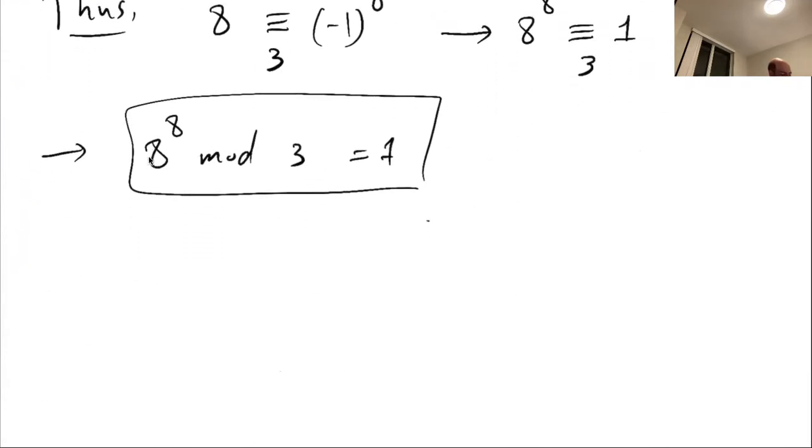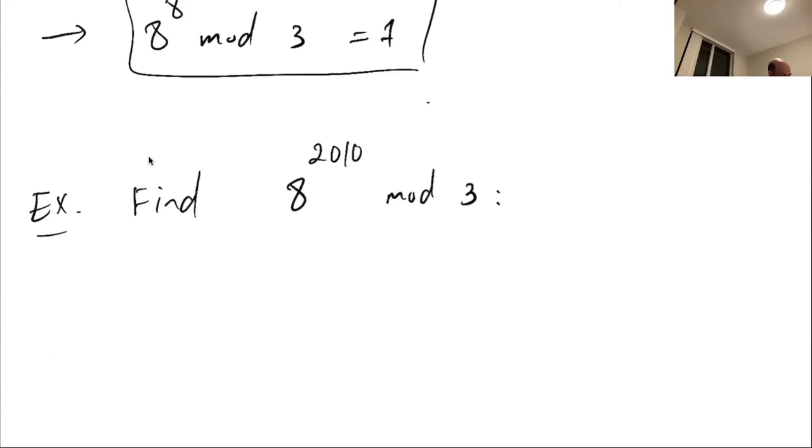With a similar method, even if the power is very big, for example, let's say 8 to power 2010 mod 3, again, you can do a similar computation. 8 is congruent to -1 mod 3, raised to power 2010.